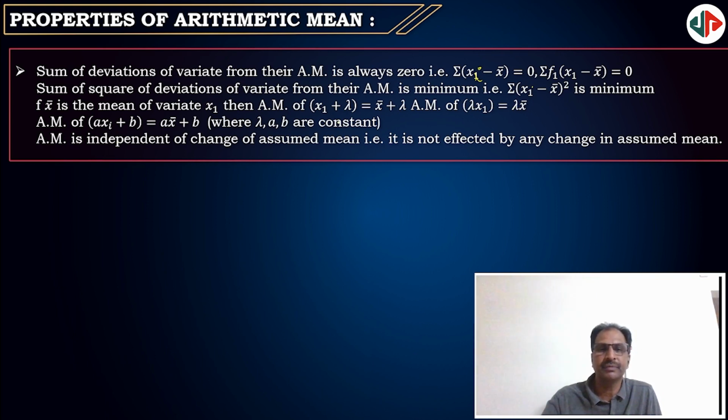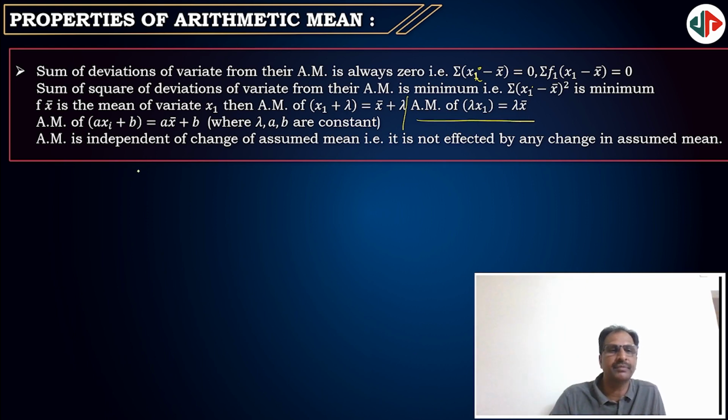And arithmetic mean of Xi plus lambda is X bar plus lambda. That is, if every observation is increased by some constant, then its arithmetic mean gets also increased by constant. If every observation is multiplied by constant, then its arithmetic mean gets also multiplied by same constant lambda.